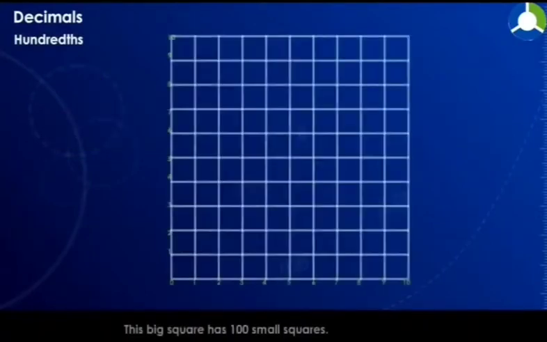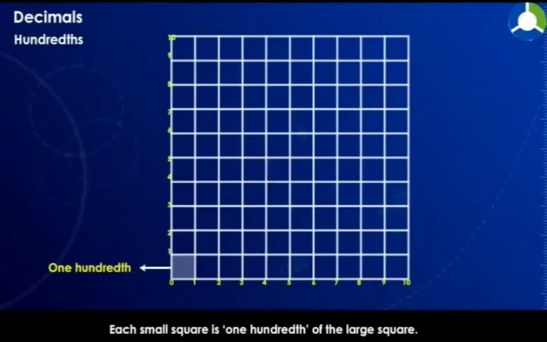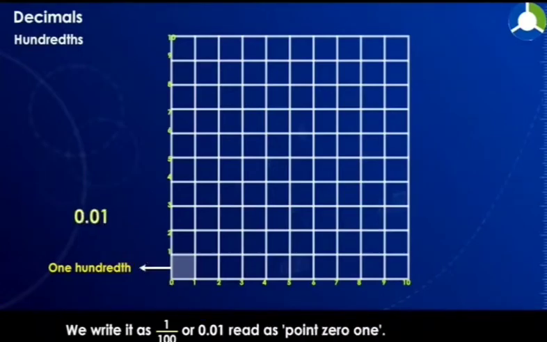Now children, let us try to understand hundredths. This big square has 100 small squares. Each small square is 1/100th of the large square. Now children, we write it as 1 upon 100 or 0.01, read as zero point zero one, or one hundredth.